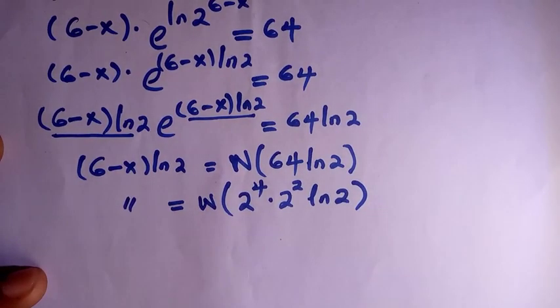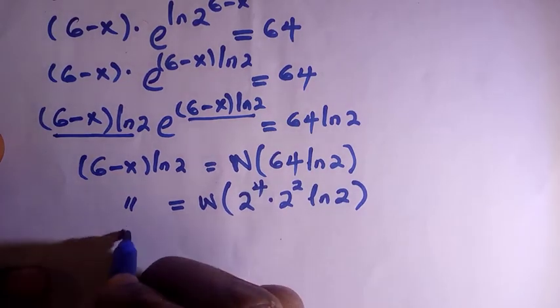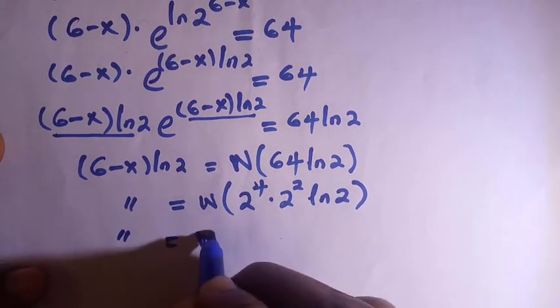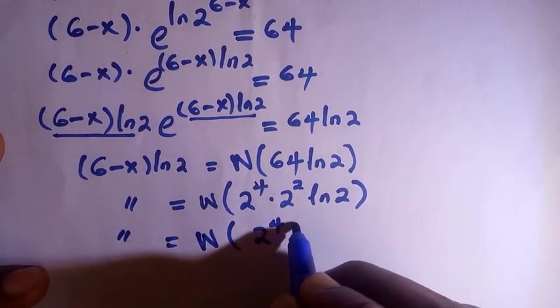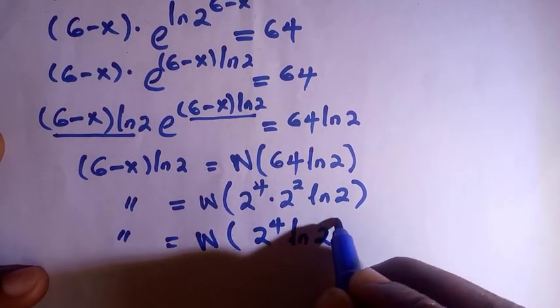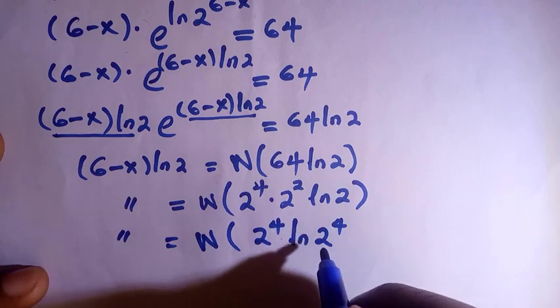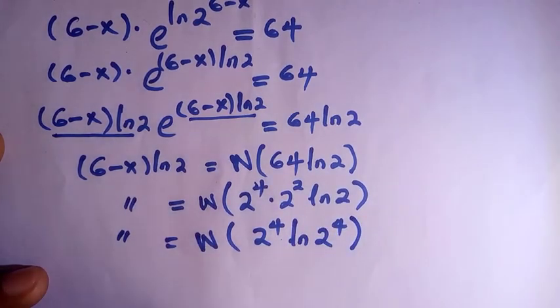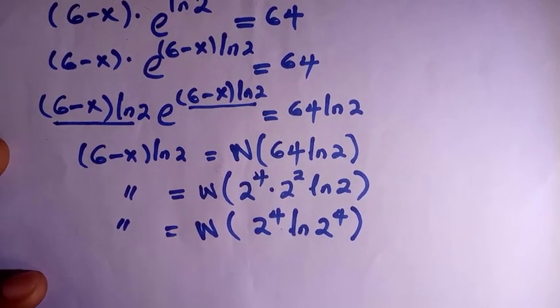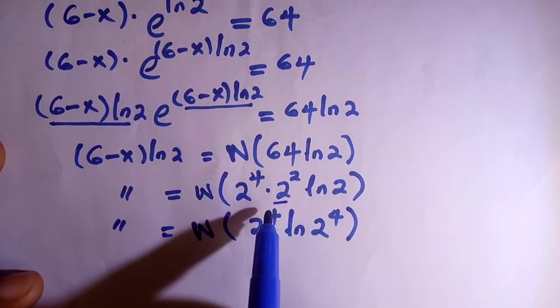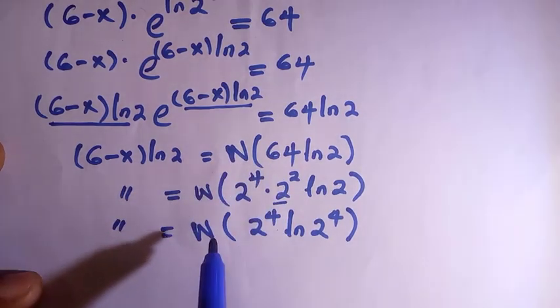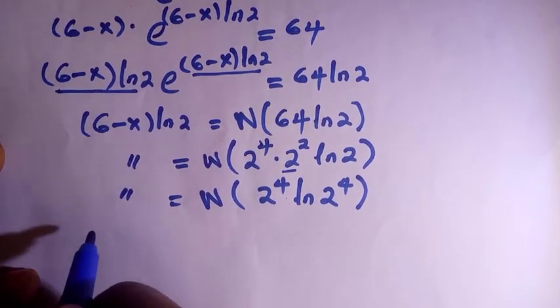If we keep going like this, we have this equals the omega log. We know that if this is 2 raised to the power of 4, I have this as ln of 2 to the power of 4. Okay, don't get confused. What I did here is take this 4 down again, it's still the same thing as 2 raised to the power of 2, and everything is sorted back to 64.